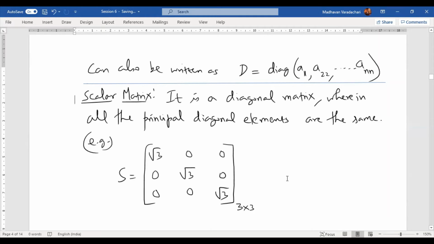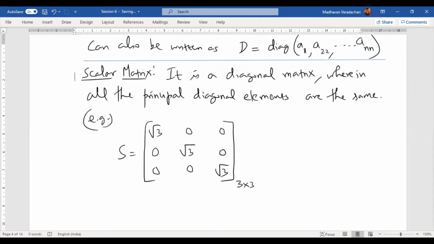So you call this a scalar matrix. I can also rewrite this by taking root 3 outside: 0, 1, 0, 0, 0, 1, 0, 0, 0, 1.